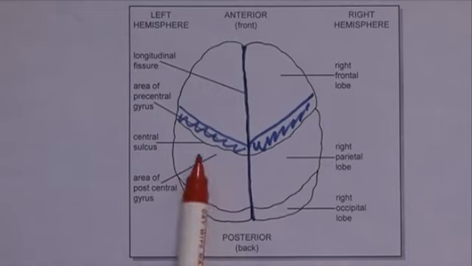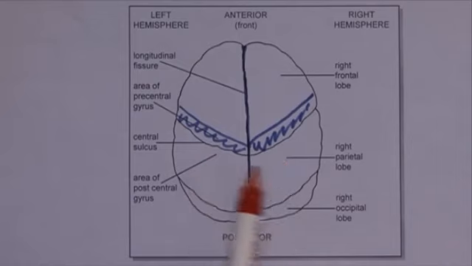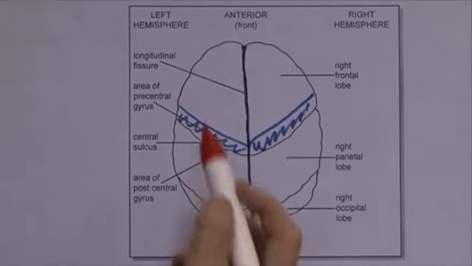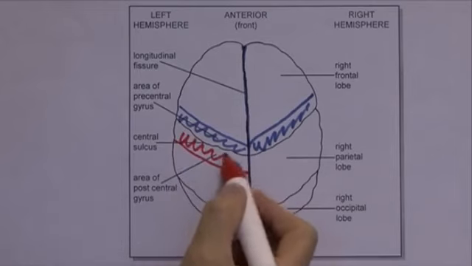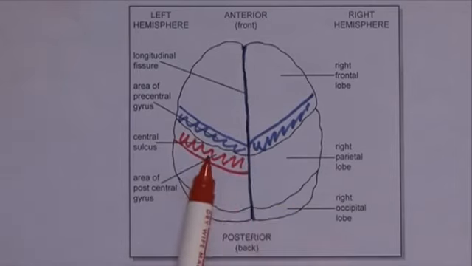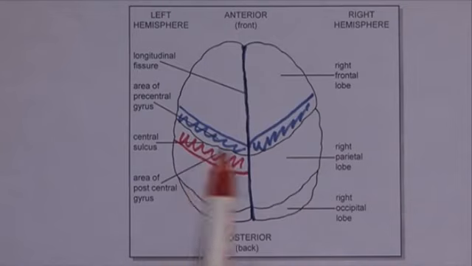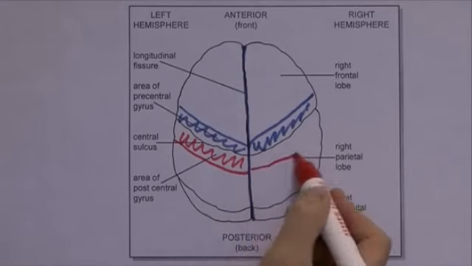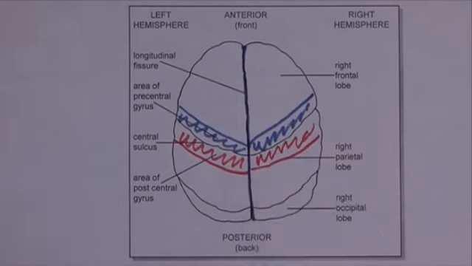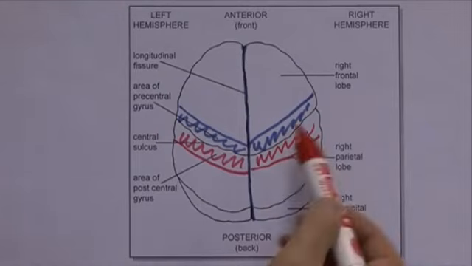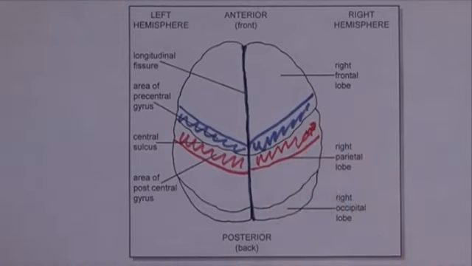Here we have the parietal lobes, left parietal lobe and right parietal lobe. That means this must be the sensory cortex here, and because that's the left sensory cortex, it's controlling the right hand side of the body. And here we have the area of the right sensory cortex, which is receiving sensation from the left hand side of the body.